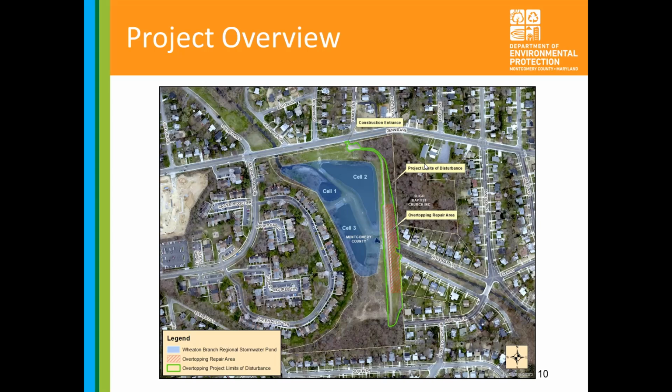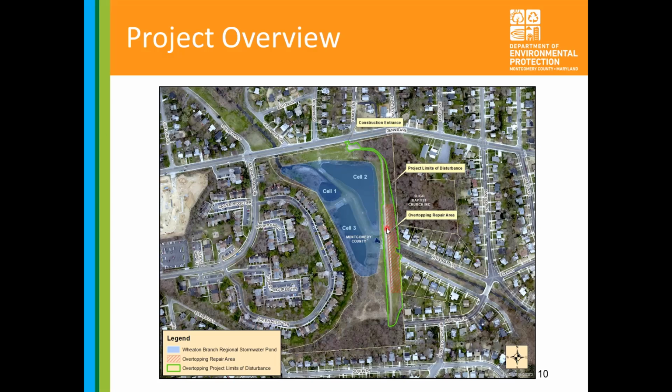So if we look at the map here, we can see the different cells within the stormwater facility. In terms of this project, we're going to stick to the areas in green through here. That'll be the total work area for the entire project.